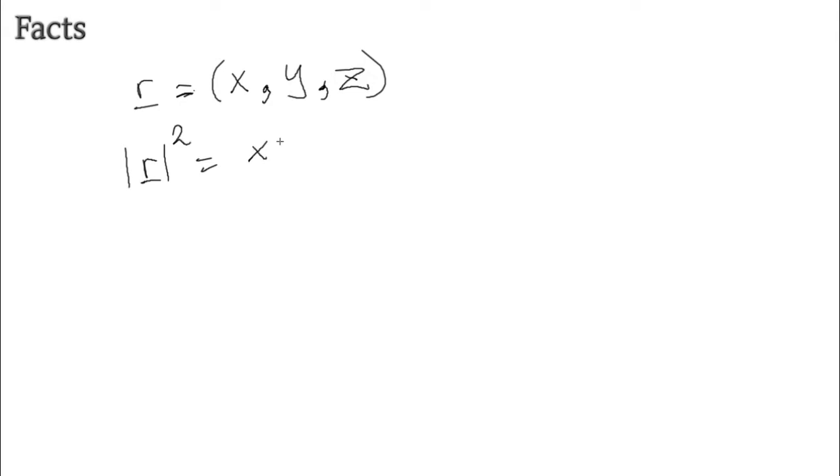So say if I have a 3D vector R equal to arbitrary x, y, and z, then we can define the magnitude of R, which is denoted by the modulus symbol, squared is equal to x squared plus y squared plus z squared.